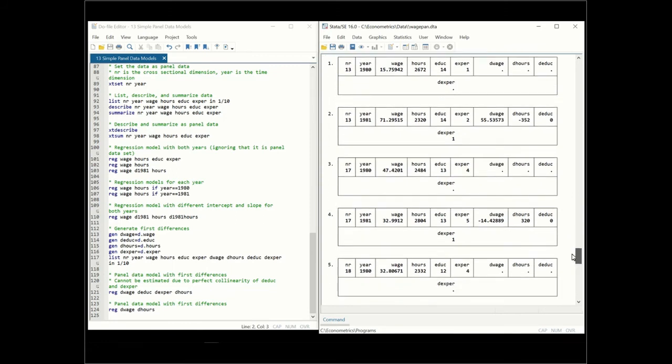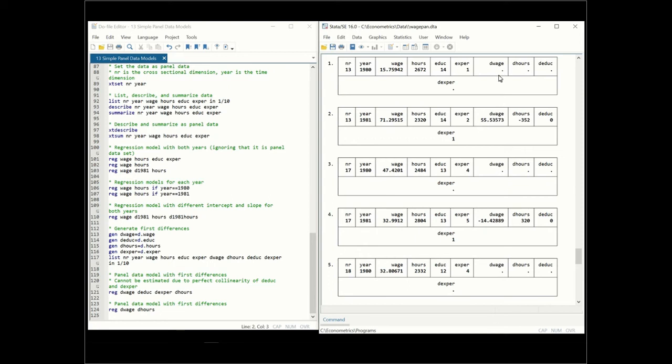Okay, here are the results. Here's the first person, 13, and they have 2 years of data. This is their wage, and this is their hours. If we take this number minus this one, that is this difference exactly.